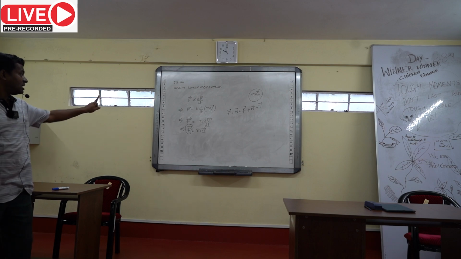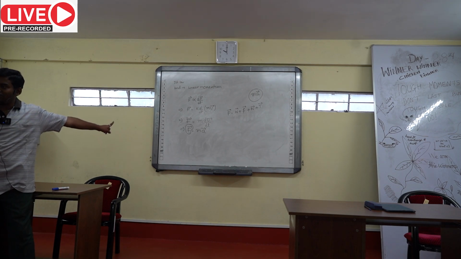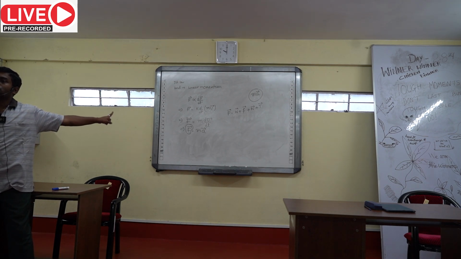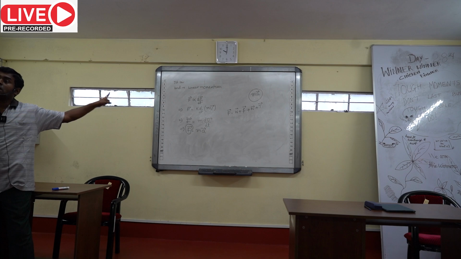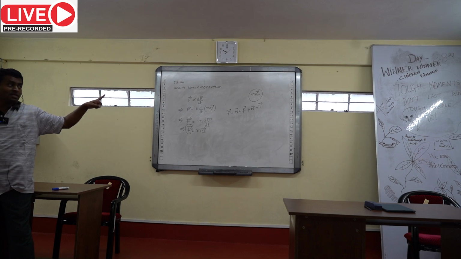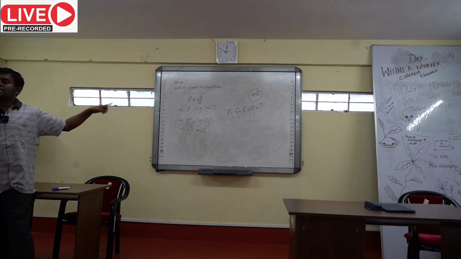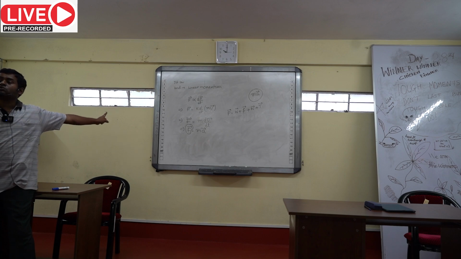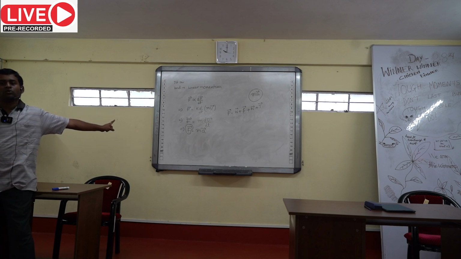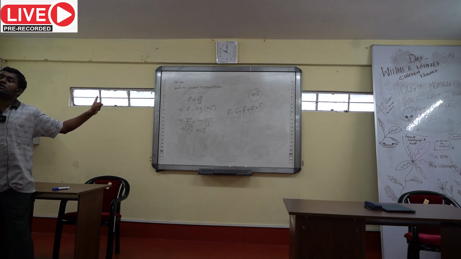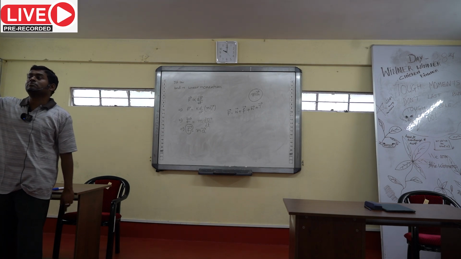So always remember, on the left side of Newton's law, F is the resultant of all the external real forces. And the right side is mass into acceleration, which is equal to the sum of the external real forces. ma is not a real force given by some external agent.